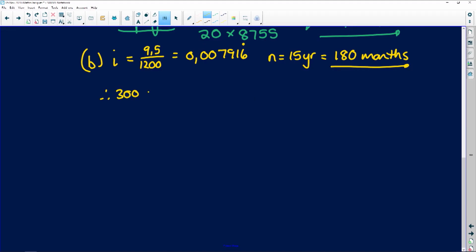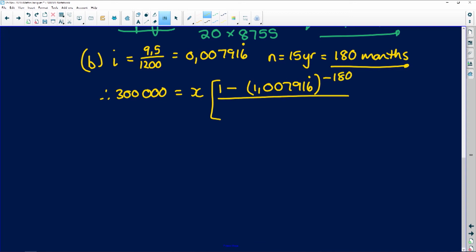Remember, the present value of the loan is 300,000. So again, we're working with an annuity. So the 300,000, we need to find out how much money had to be paid back monthly for her to amortize the loan before we can find the outstanding balance. So 0.007916 recurring to a minus 180 divided by 0.007916 recurring.